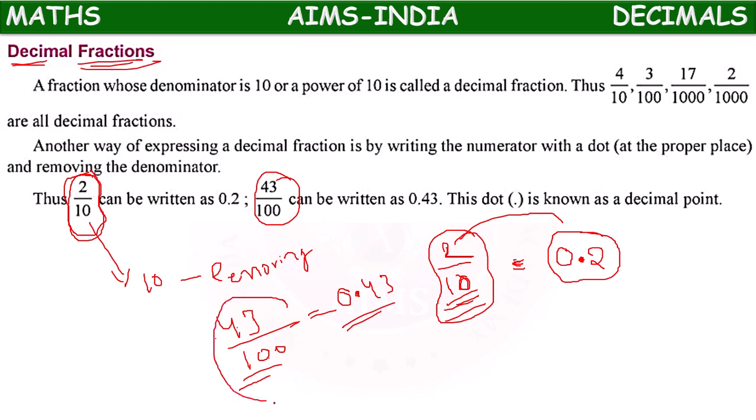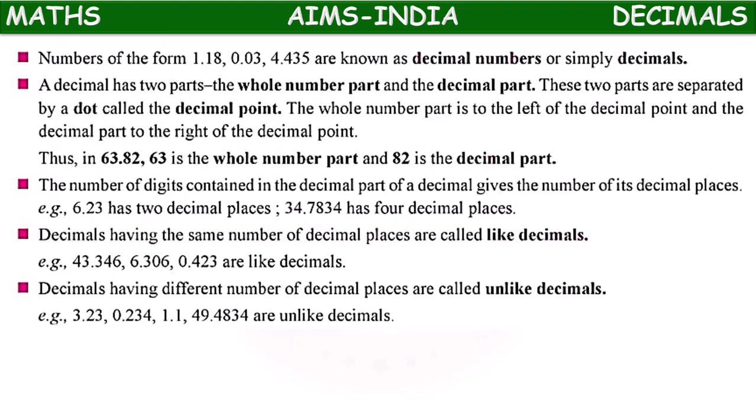So 43 by 100 equals 0.43. Both are decimal fractions only. Both are equal, but the representation is different. Here this dot is known as the decimal point. So these are decimal fractions.